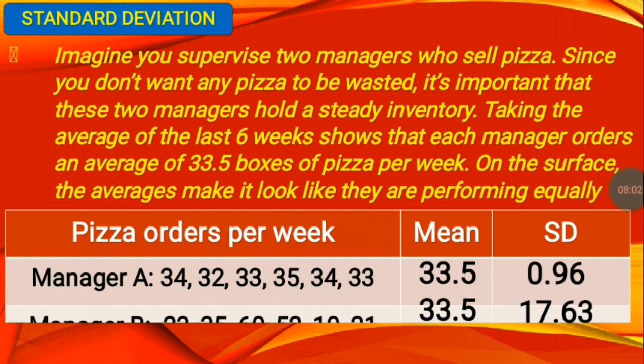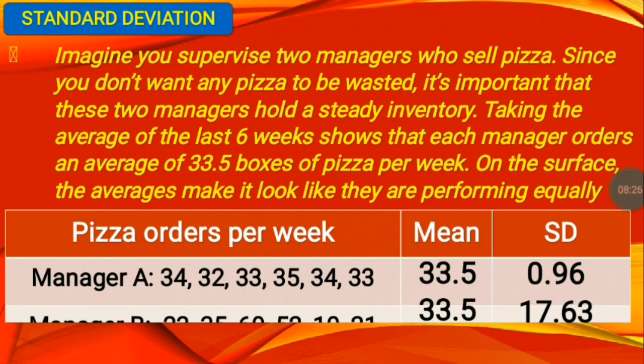So don't worry. As you can see on the mean, for manager A and for manager B, they have the same value, 33.5. Remember, the mean is one of the measures of central tendency that represents the data set.